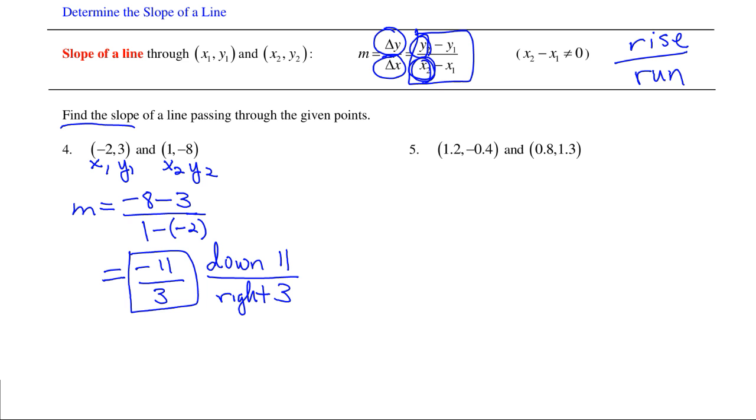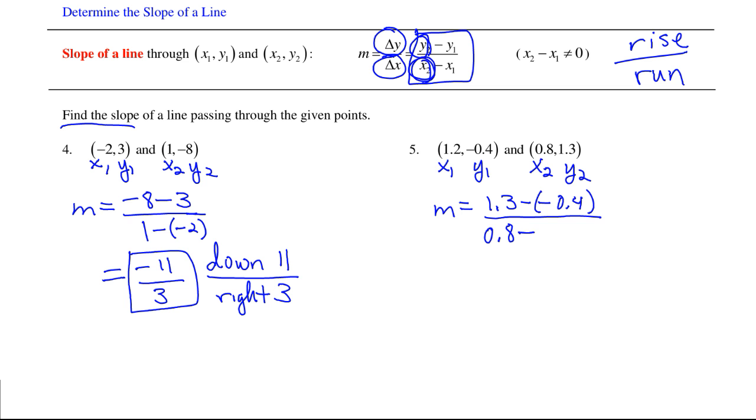Now, number 5 has decimals in it. Don't let that throw you. It still works exactly the same way. So just label x1, y1, x2, y2, and do the calculation. So we have y2, which is 1.3, minus y1, which is -0.4, divided by x2, which is 0.8, minus x1, which is 1.2.